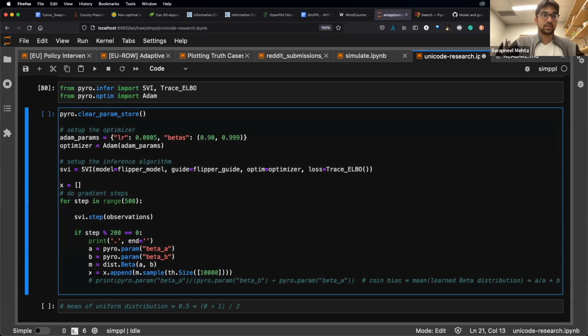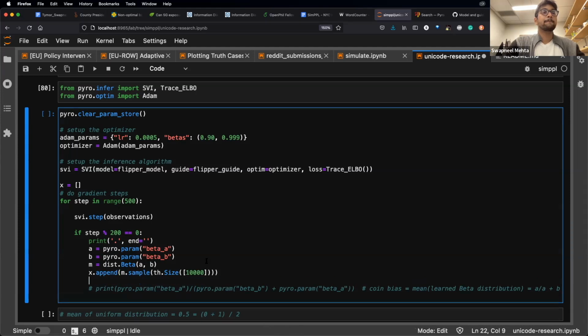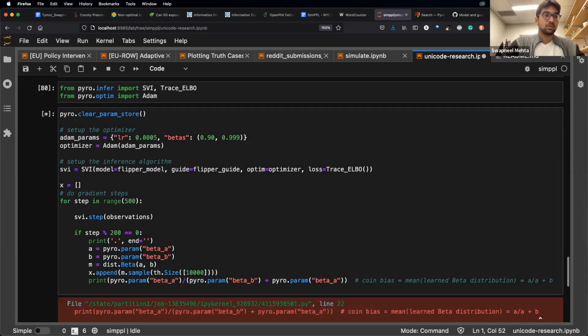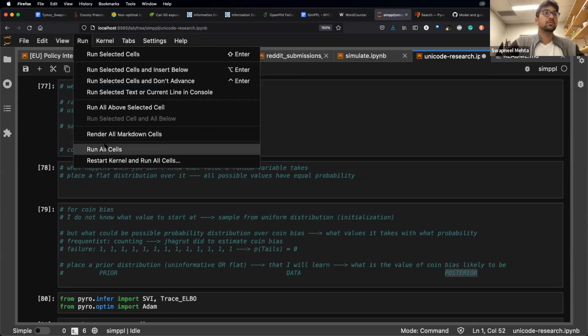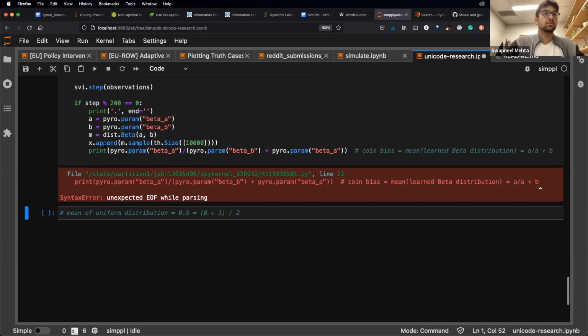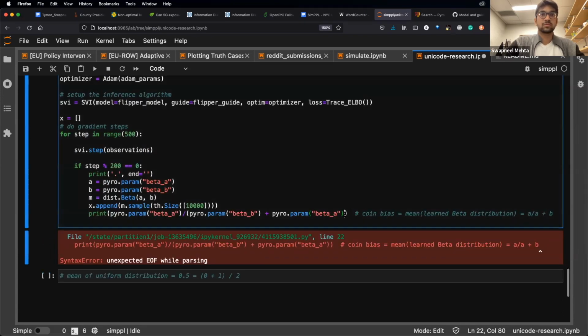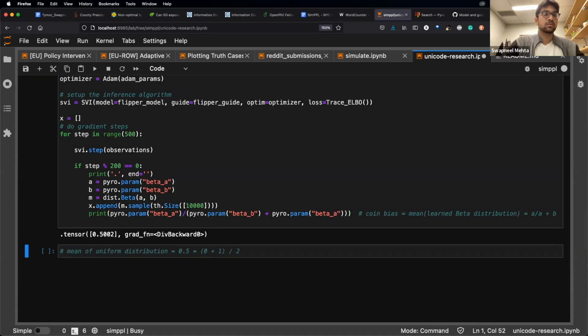X is equal to x dot append. No, I think x dot append does it in place. Yeah, this is right. I was thinking about pandas. And I do want to print this though. Oops, later on all. Oops. Okay, cool.